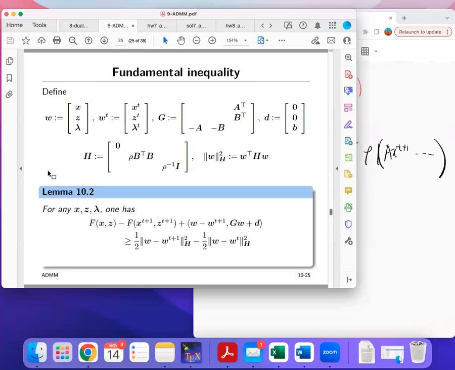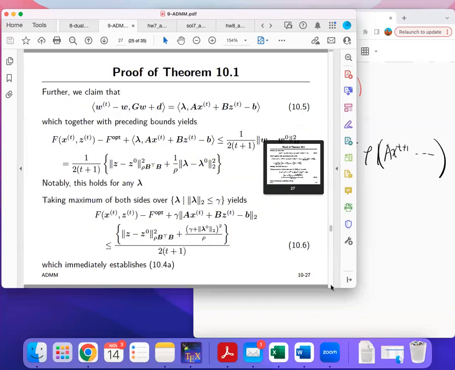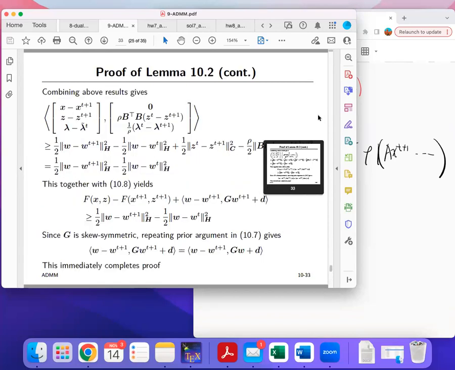So for n in x, z, lambda, we have this inequality. Okay, so this is everything about the ADMM algorithm for this lecture.